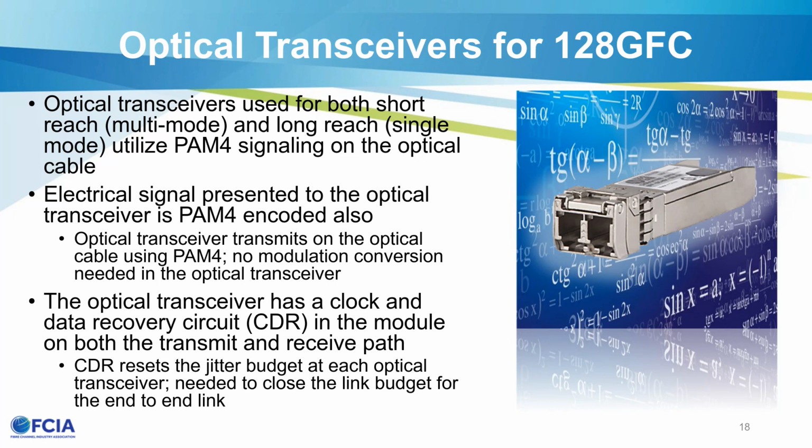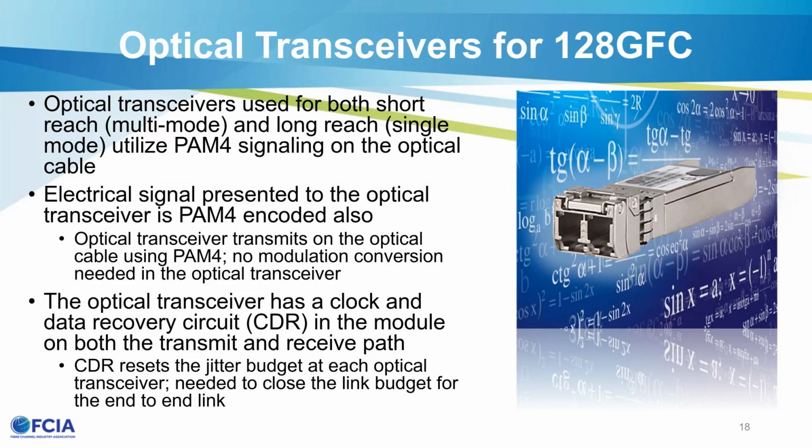So the data rate and the signaling is the same electrically into the module, optically out. And I highlighted that in the next bullet. And the optical transceiver has a clock and data recovery circuit in the module on both the transmit and receive path.